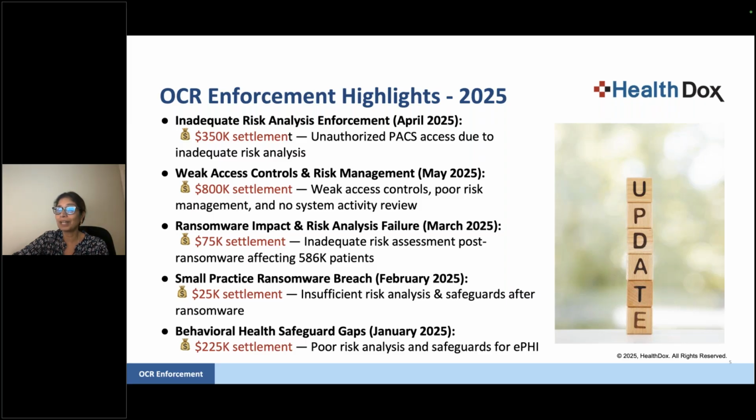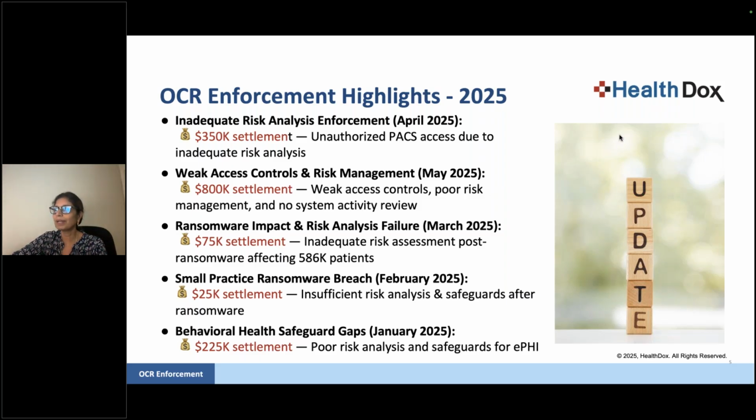Breaches are, okay, a little bit understandable, but if you're not reporting them, then it's a big deal. They're also targeting any lack of risk assessments. The penalties are becoming more frequent and a lot more expensive, so taking care of proactive compliance is very essential.